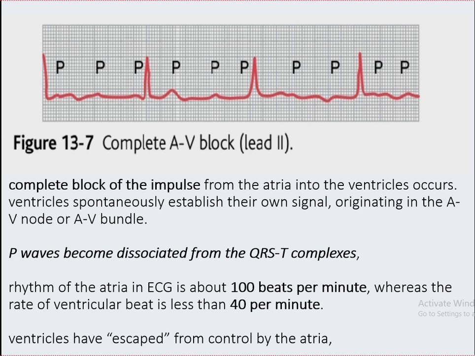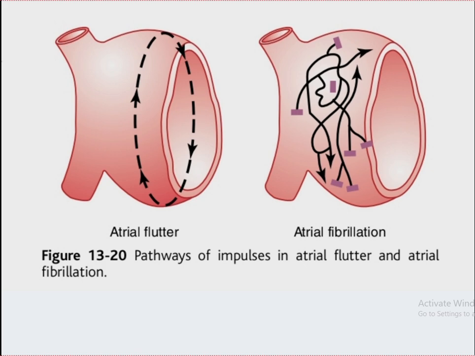So the ventricles will resort to the heart rate of the Purkinje fibers, about 40 beats per minute. So it will take long to see QRS complexes, but you will see P waves, then a QRS complex. In this case, you may not look at it as a dropped heartbeat, but the AV node was completely blocked. So the atria are contracting independent of the ventricles. That's the complete AV block.